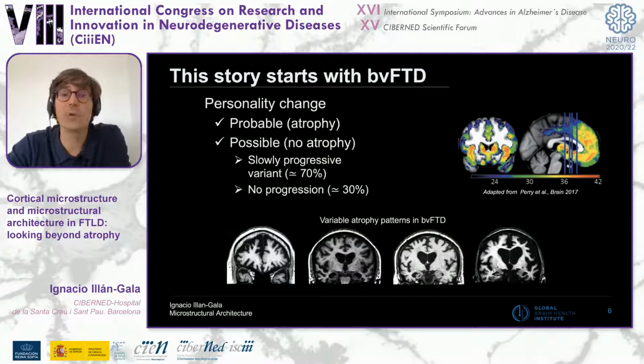Indeed, up to a third of patients do not show the typical pattern of atrophy at baseline MRI. So this group of patients always caught my attention, and I wondered if we could capture the earliest cortical changes in regions where we are not able to find atrophy.